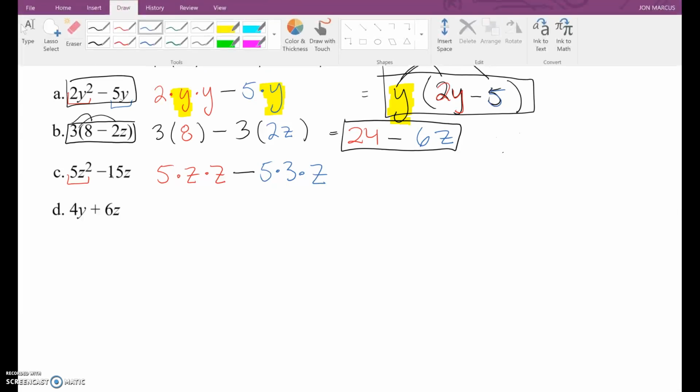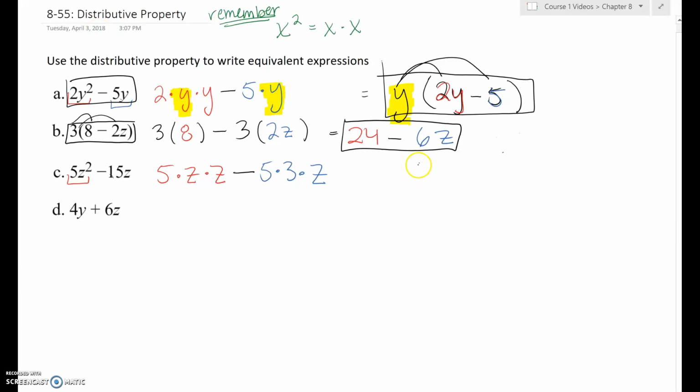So the common factor, all right, so what's being multiplied by everything here? Well, the 5 is in the blue and the red. So 5 is a common factor as well as z. So 5z.